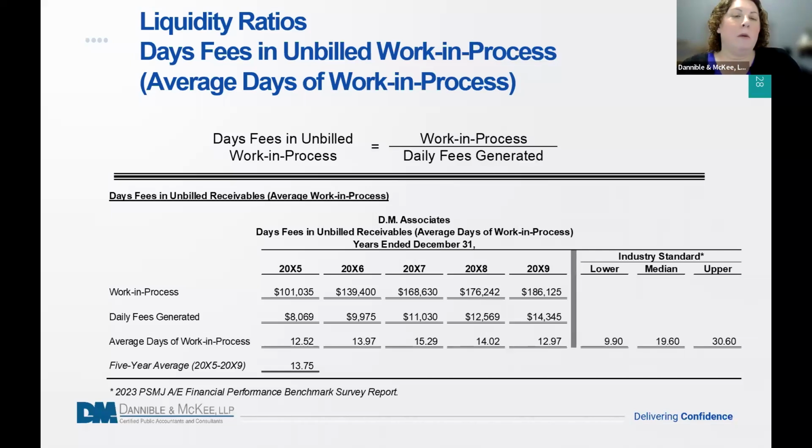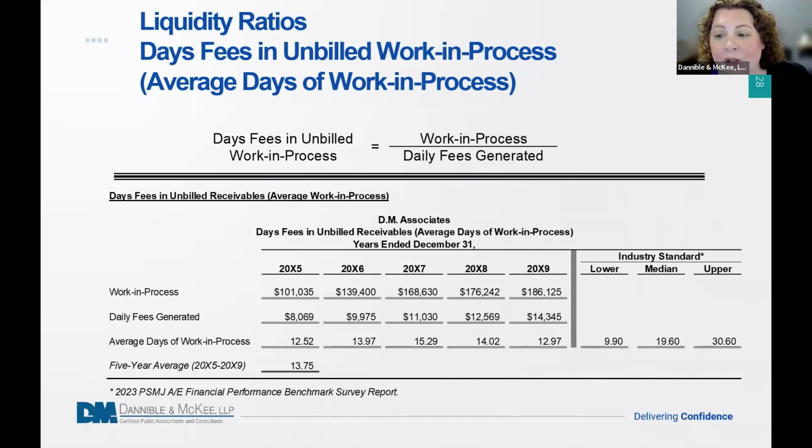All right, so managing your liquidity is all about collections. In billings, this is your days fees in unbilled work in progress. You've got your work in progress divided by the daily fees generated. So I'm billing roughly every 13.75 days.